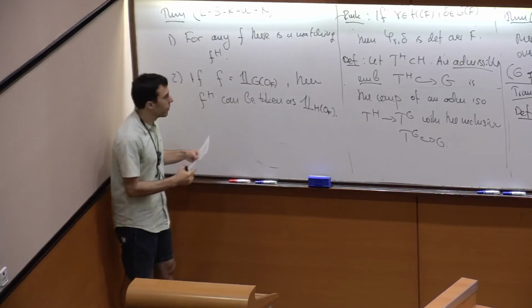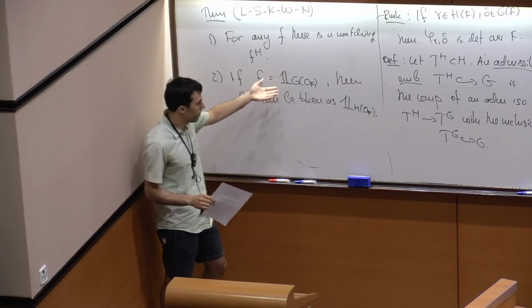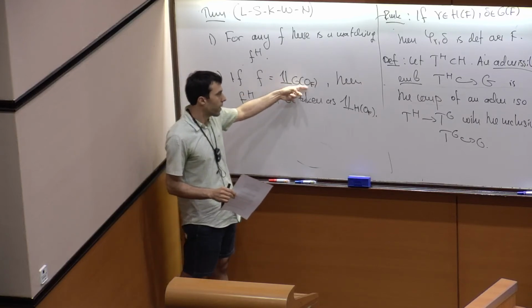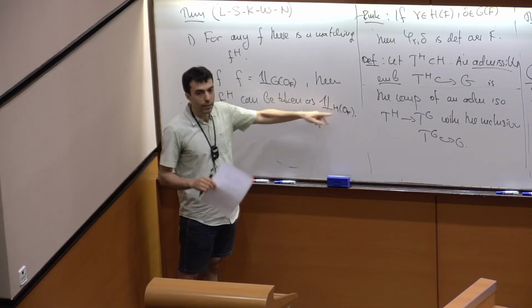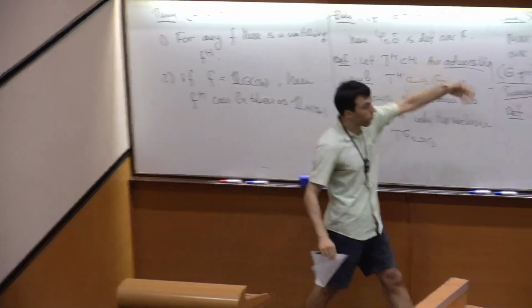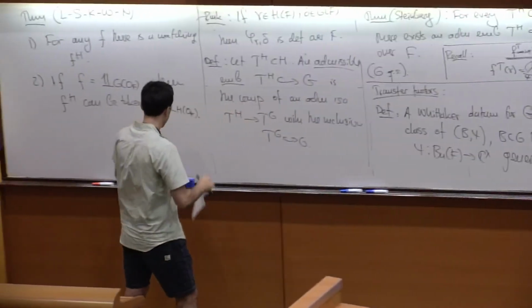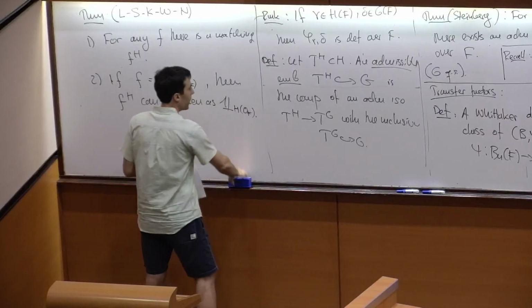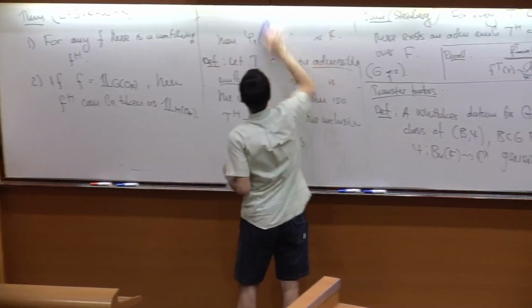Of course, this is a little vague. I mean, of course, G is obviously unramified. You want to assume that H is unramified, and the relationship between them, which is encoded in the datum, is also unramified.